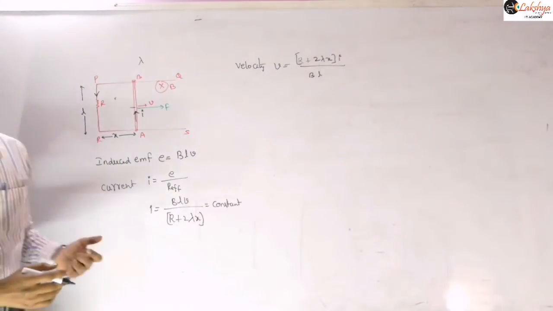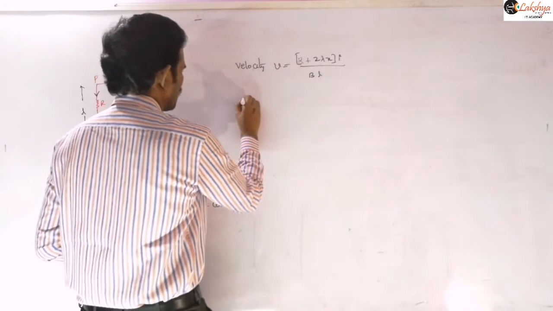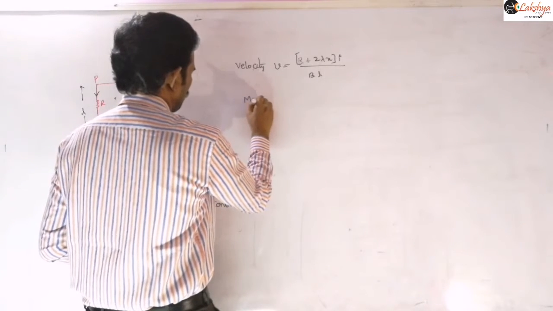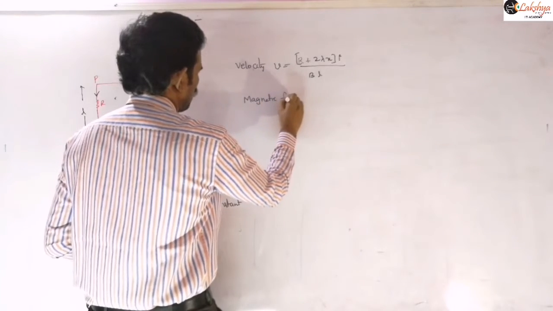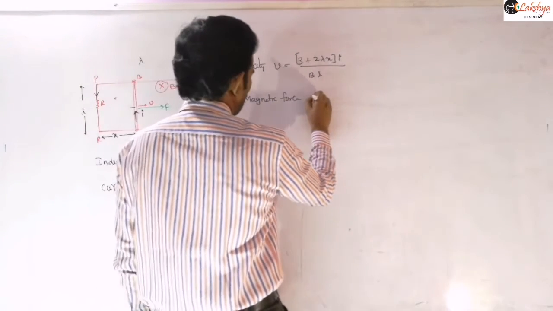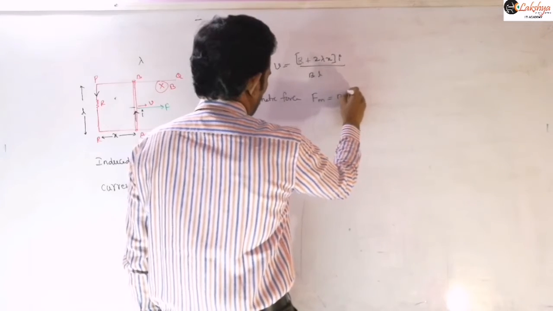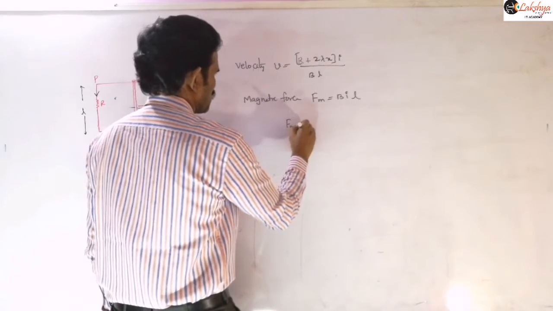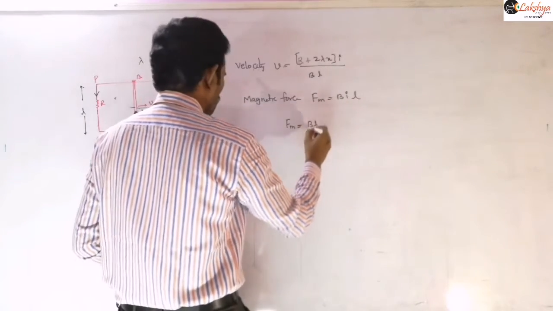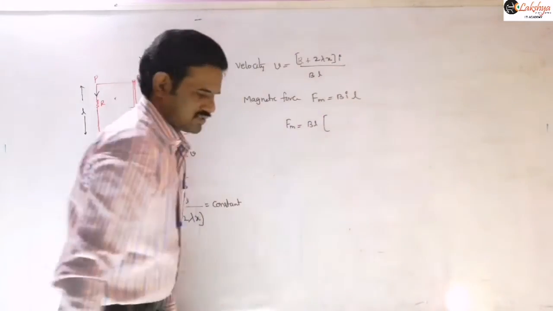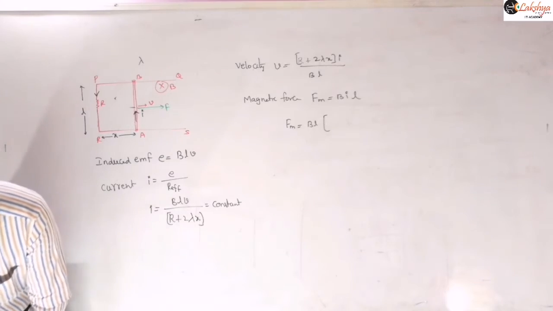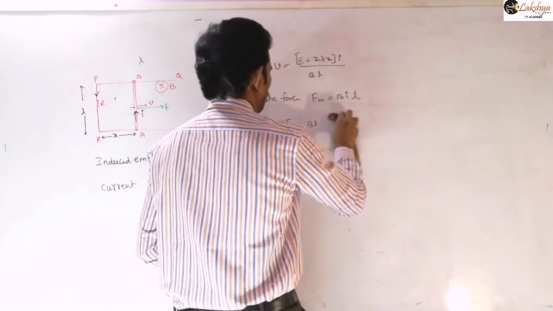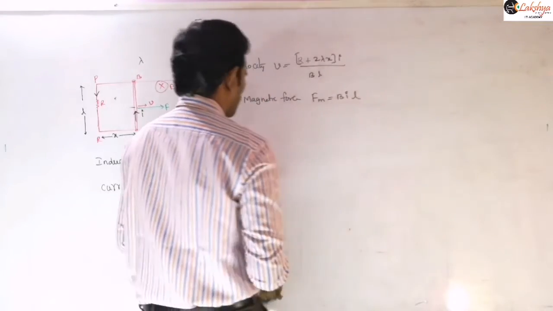Now the force equation. The magnetic force acting on the rod is F magnetic equal to BIL. You can substitute the I expression here, or keep the I value itself because it is known to us.